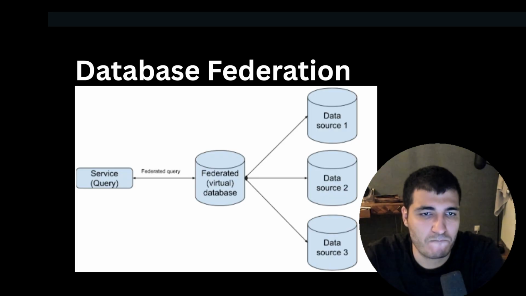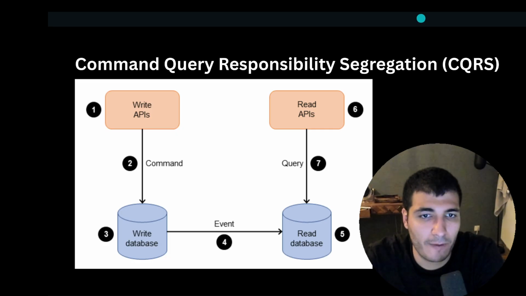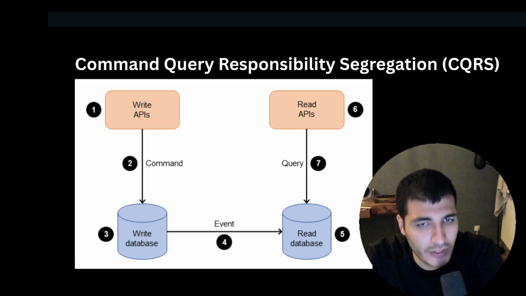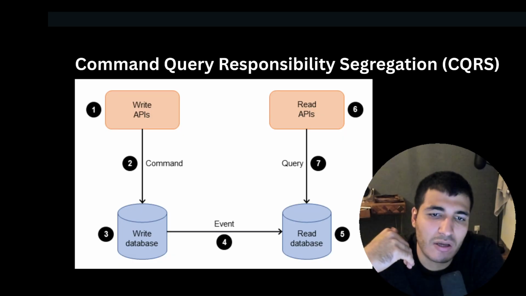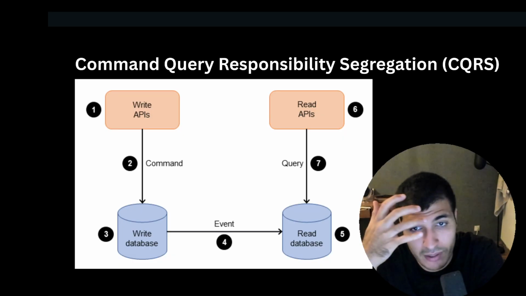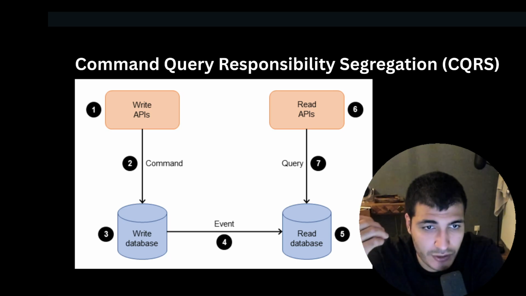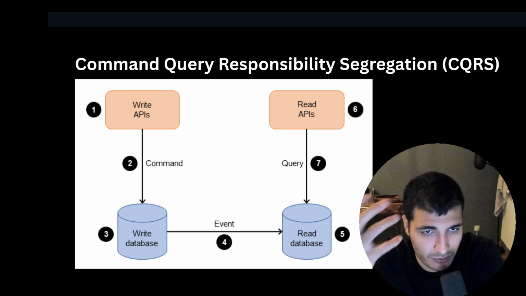Number 13, Command Query Responsibility Segregation. CQRS, or Command Query Responsibility Segregation, is an architectural pattern that separates the operations that modify data, commands, from the operations that retrieve data, which are queries.